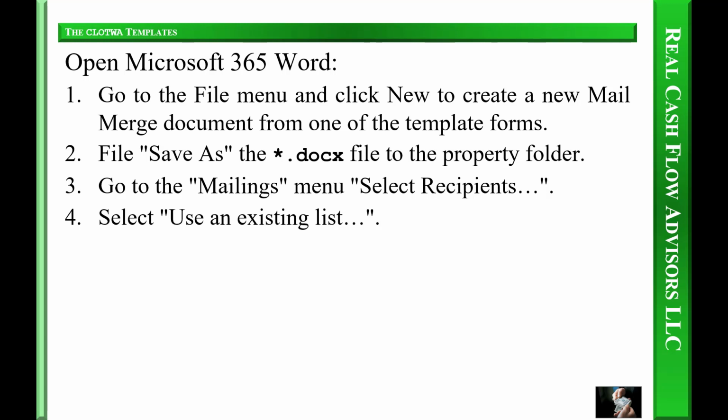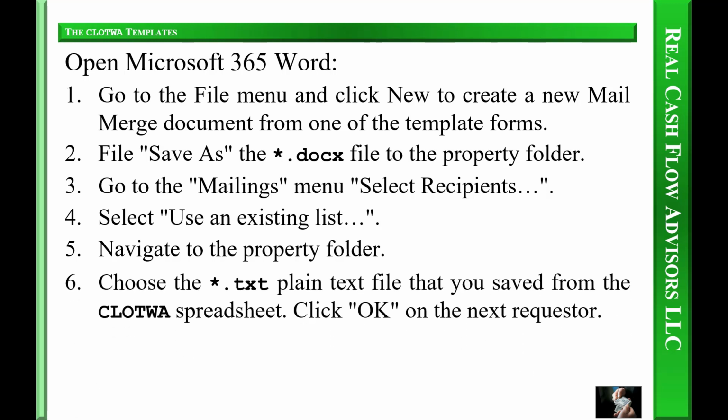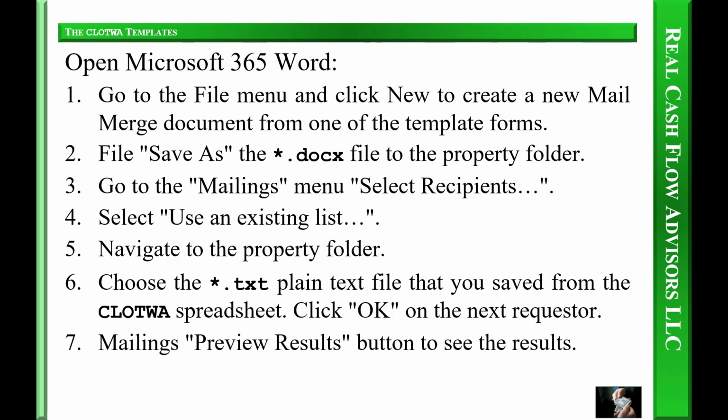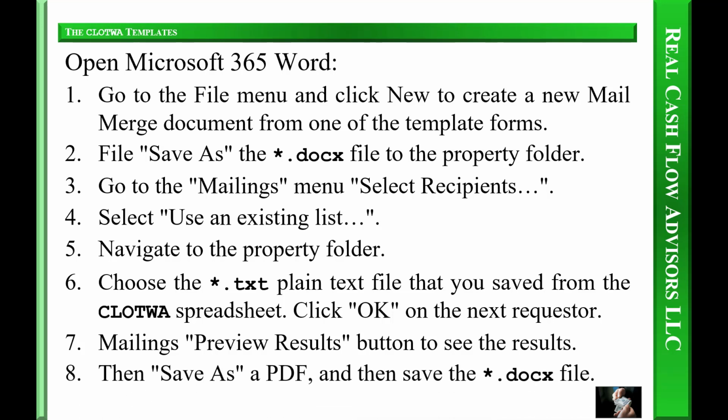Select Use an Existing List. Navigate to the property folder. Choose the TXT plaintext file that you saved from the Clotwa spreadsheet. Click OK on the next requestor. Mailings, Preview Results button to see the results. Then save as a PDF and then save the docx file.